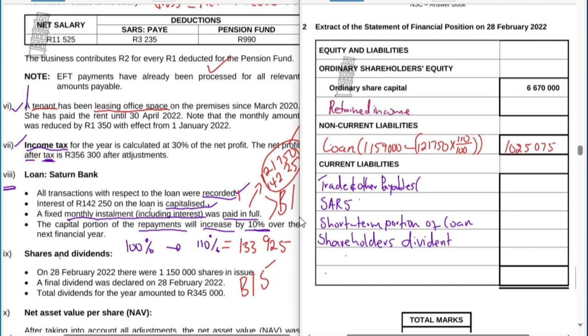And then our non-current liability is this amount, and then we are just going to record this amount.